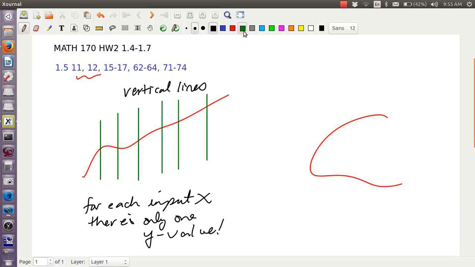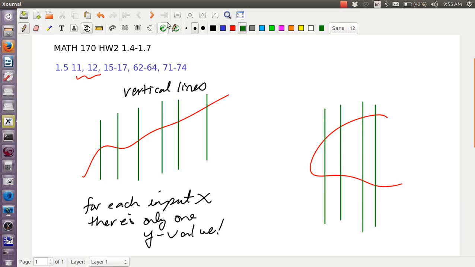Now, if the picture looks like this, then this doesn't work. Gotta get my lines back. There we go. See, this is bad because why? Some or all x's have 2 or more y's associated with them.